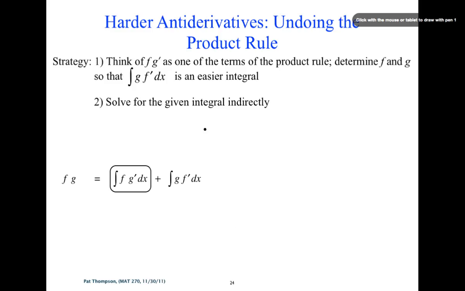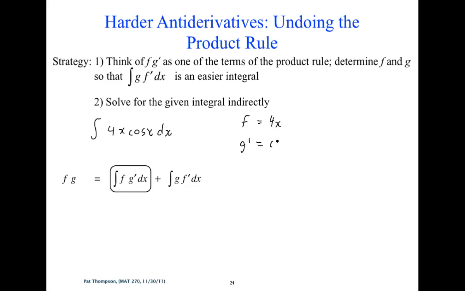Let me make a note of something from that last one, 4x cosine x. In terms of choosing, we chose f to be 4x and g prime to be cosine x. When we took f prime, it reduced the power of x by 1, so we just had 4. So we ended up with a similar integral, but with the power of x being 1 less.